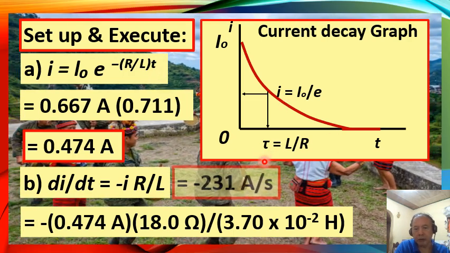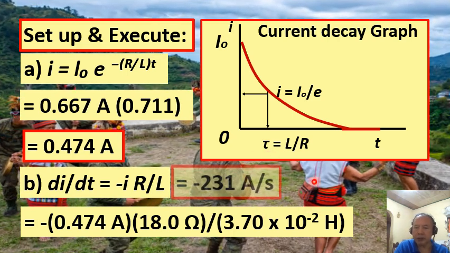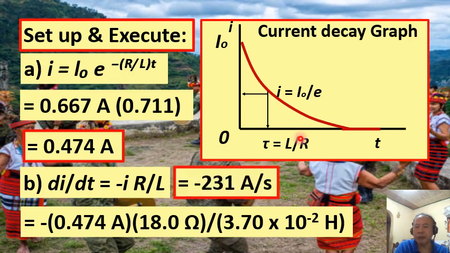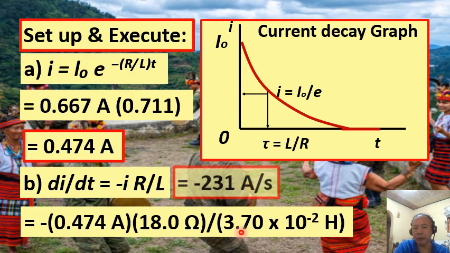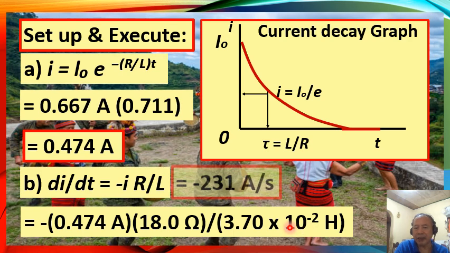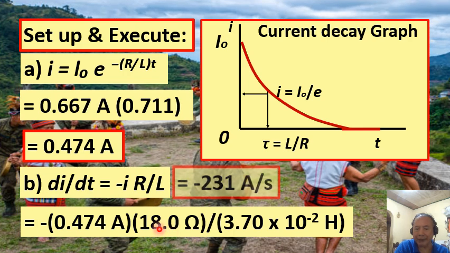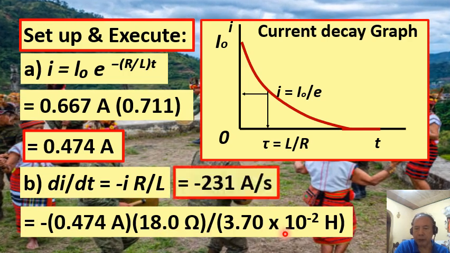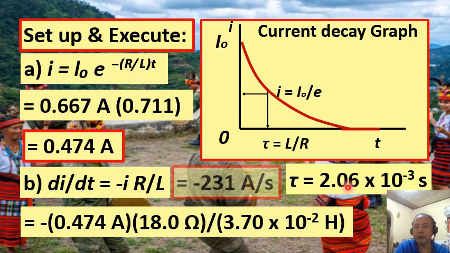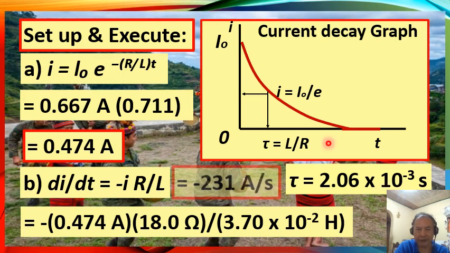And for this problem, the time constant tau can be determined, if you wish, by dividing the inductance given in the problem equal to 3.70 times 10 to the negative 2 power Henry by the resistance big R, 18.0 ohms. And we will get the value of the time constant tau equal to 2.06 times 10 to the negative 3 seconds.